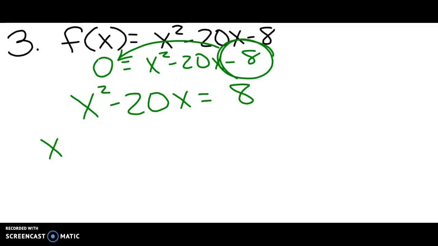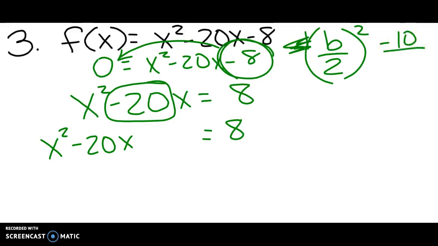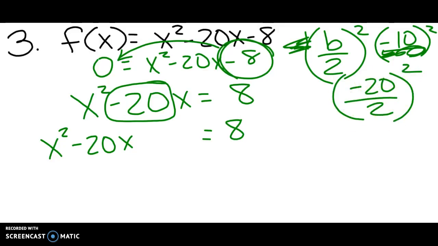All right, so now I want to take half of b, so b over 2, and then you square it. So half of b is negative 10. I'm going to square it, and you get 100, because negative 20 over 2, squared, is 100. So we're going to add that to both sides, add 100 and add 100.